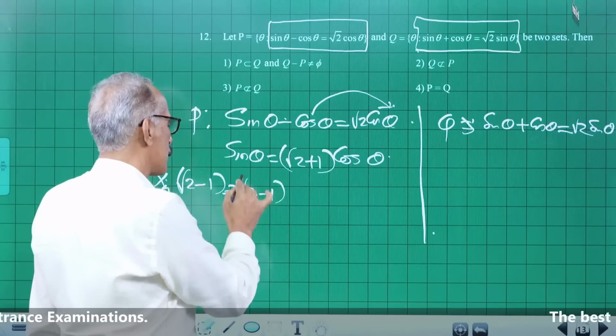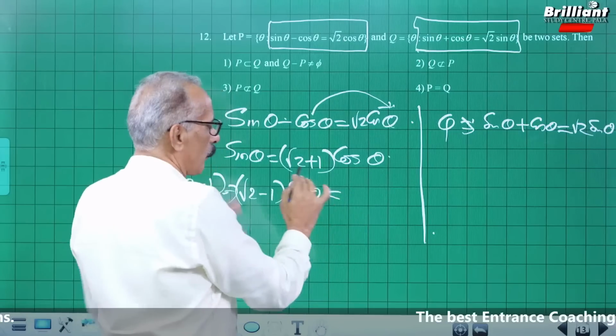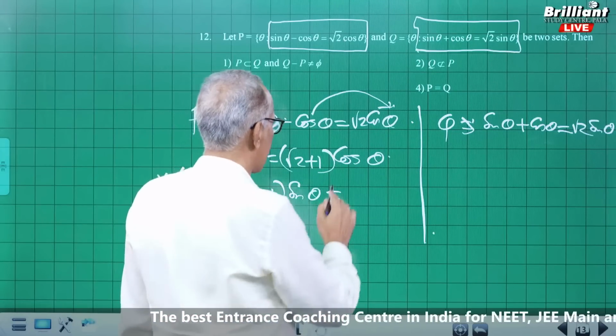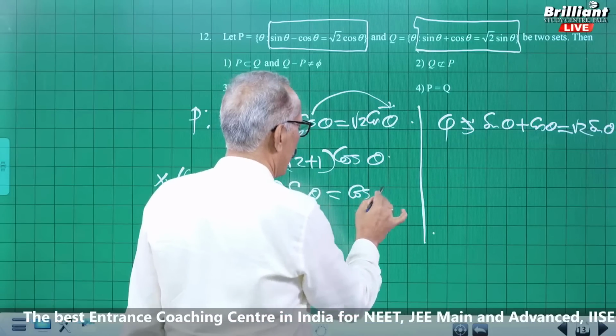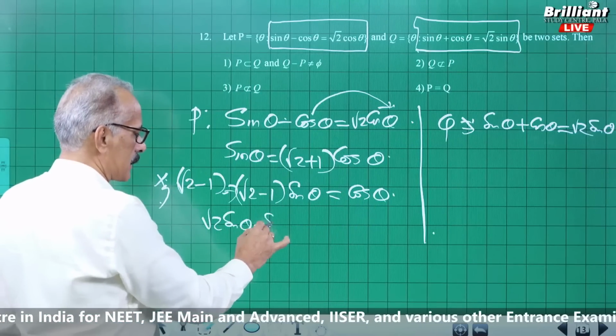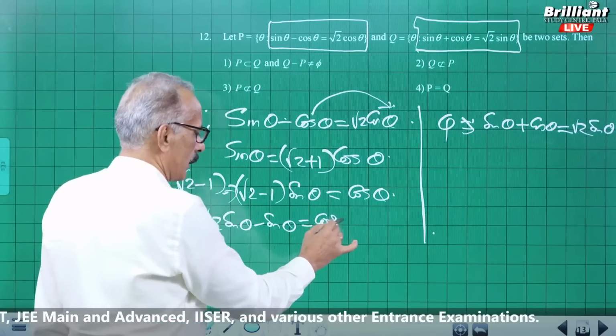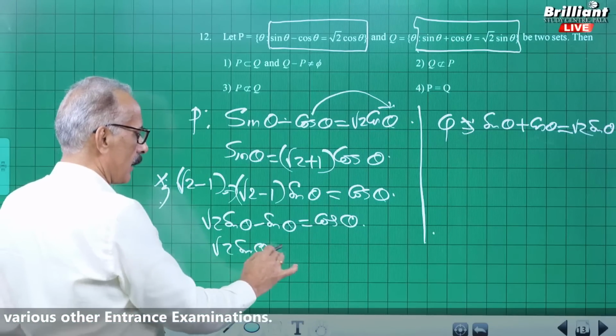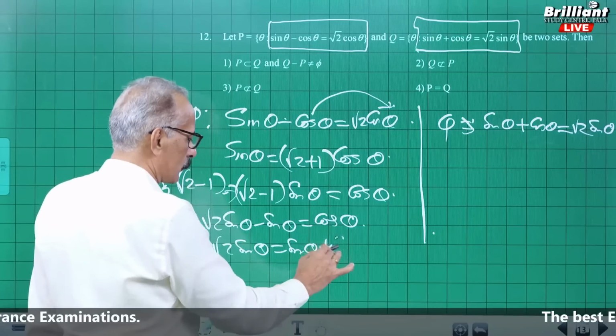Root 2 minus 1 into sin theta equals a plus b into a minus b, a square minus b square, so that is 1 cos theta. Now you open the bracket: root 2 sin theta minus sin theta equal to cos theta. Transfer this sin theta to the other side: root 2 sin theta equal to sin theta plus cos theta.